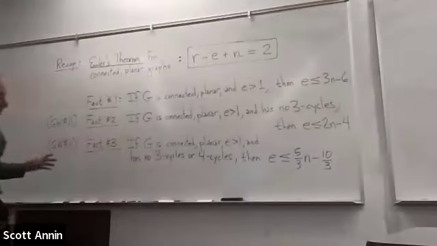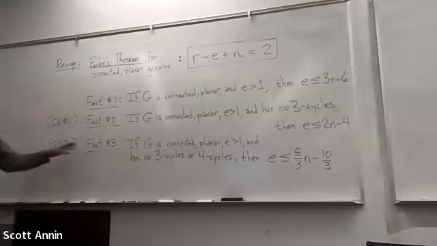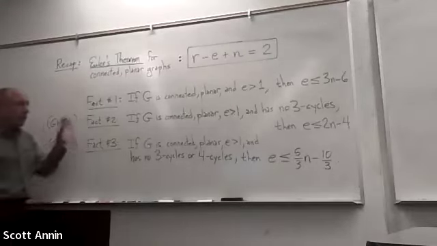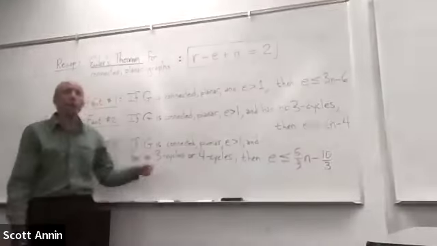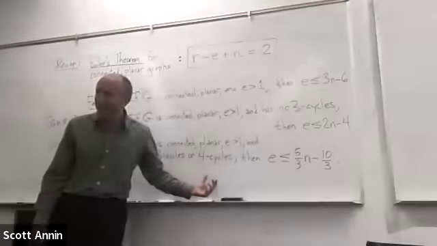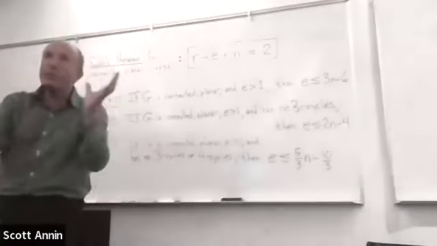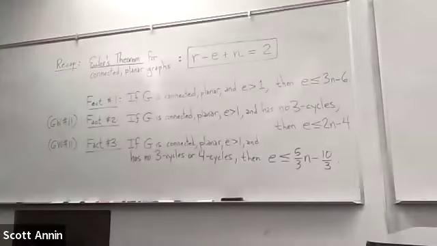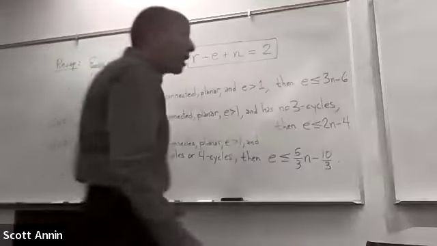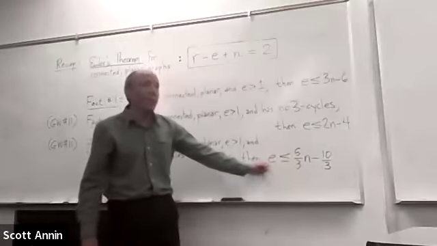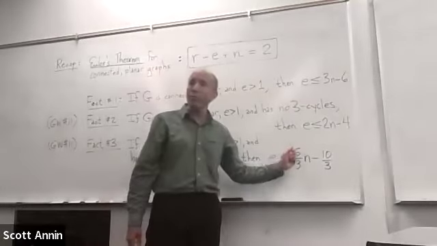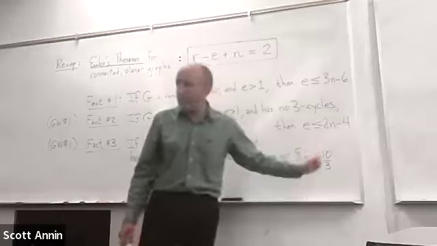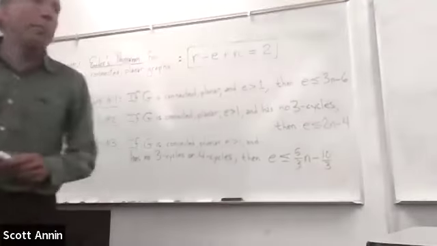I'm not sure if everybody got to this third fact here. This was also on the group work, which is if you have no 3 cycles and you also don't have any 4 cycles, so the smallest length cycle that your graph has is a 5 cycle, then we have an even sharper bound, which is that the number of edges is less than or equal to 5/3 of n minus 10/3, okay?